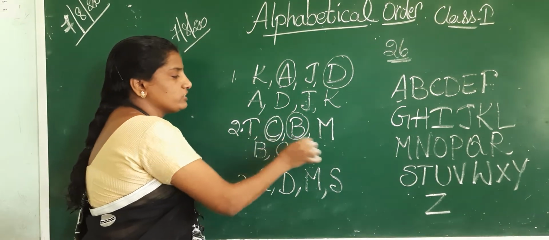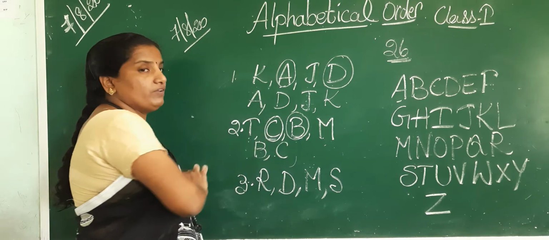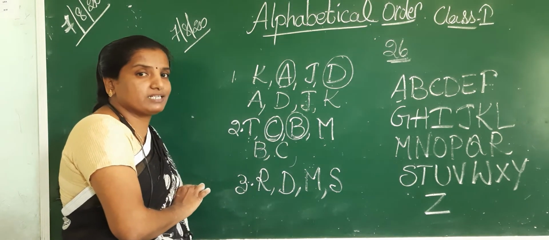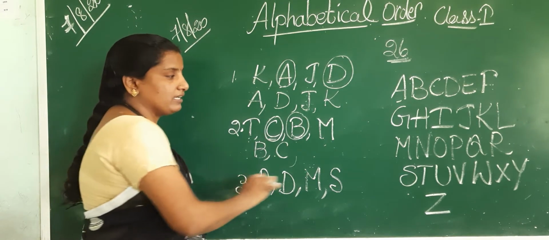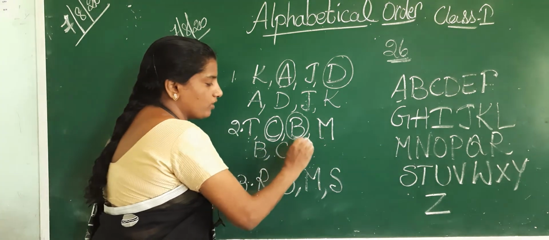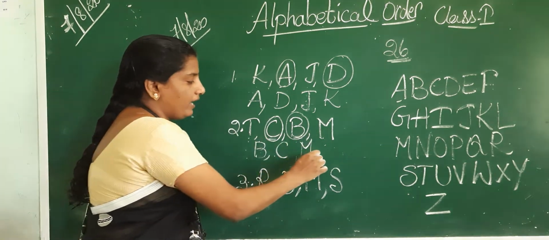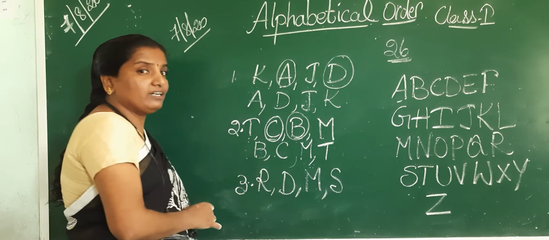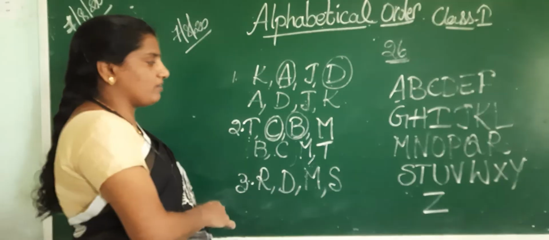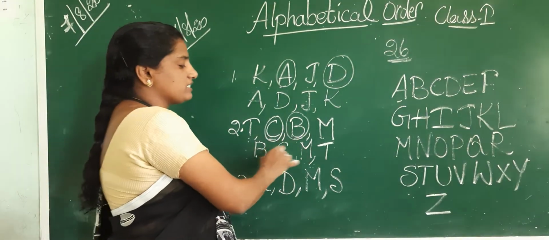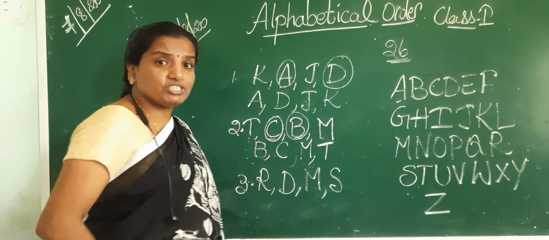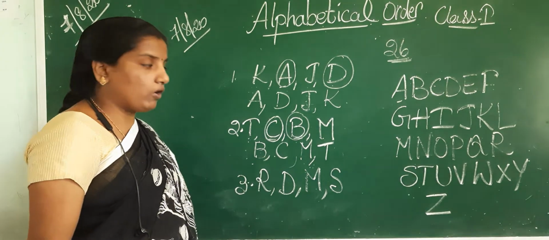Now out of these two, M and T, which letter comes first in the alphabets? M. And at the last we will get T. So these are the letters again arranged in alphabetical order.